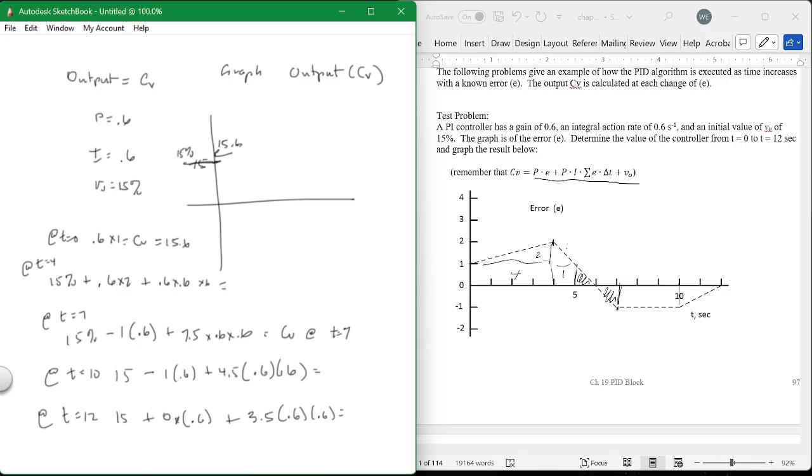And you graph that out, and you've got your graph, whatever those numbers are.